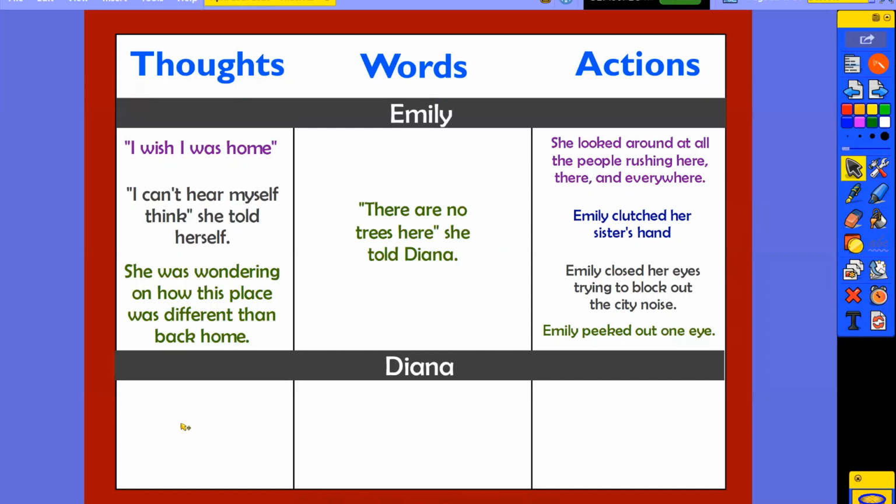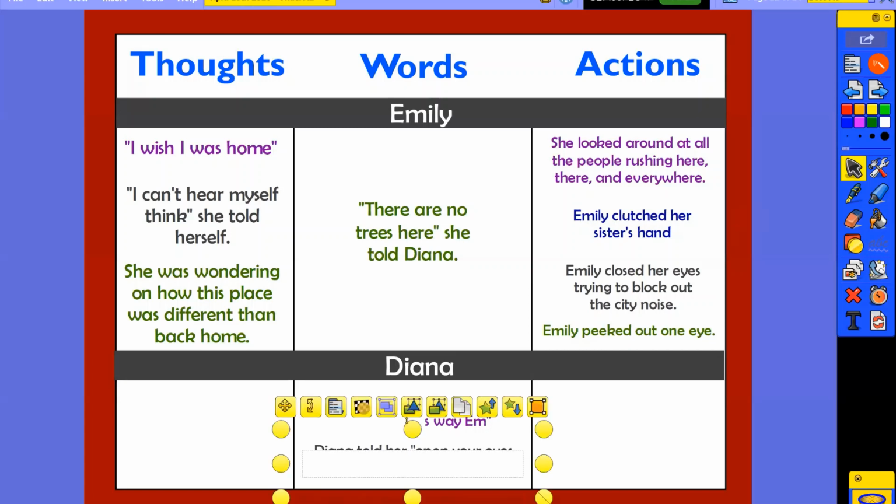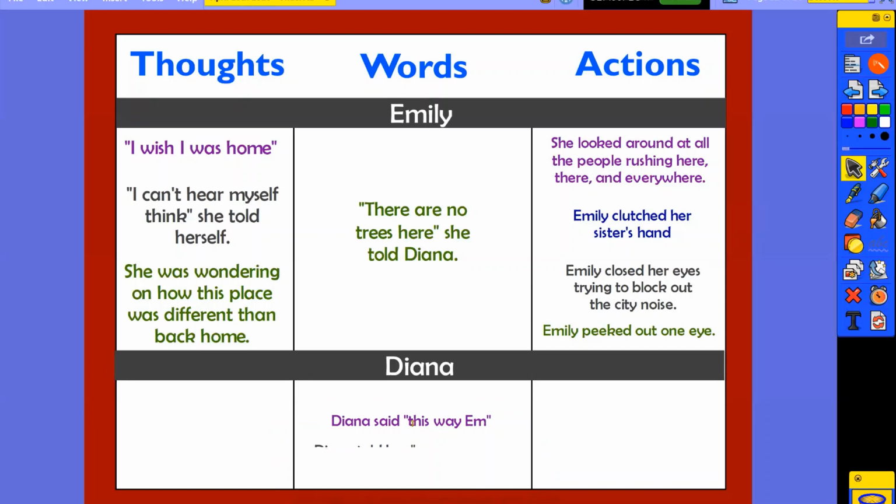Let's check Diana's thoughts. Actually, in this passage, Diana did not have any thoughts. And her words, she only had two. Let's check the first one. Diana said, "This way, Em." Of course, she said this out loud to her sister Emily. So that's why we have it under words. Diana told her, "Open your eyes, silly.